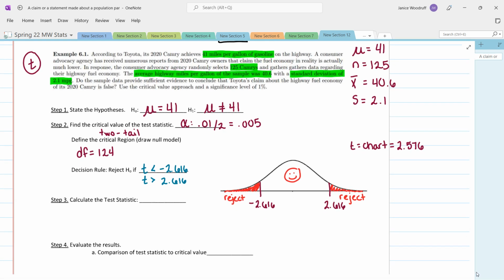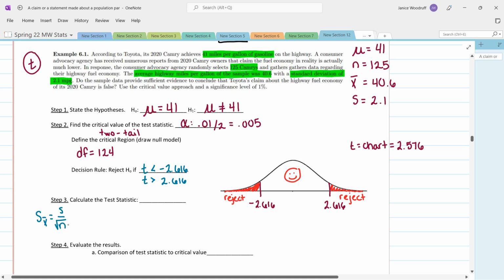Okay, so we need two things. We need to find first the standard deviation of x bar. Okay, that's given by the sample standard deviation over the square root of the sample size. So the sample standard deviation we found was 2.1. The sample size is 125.